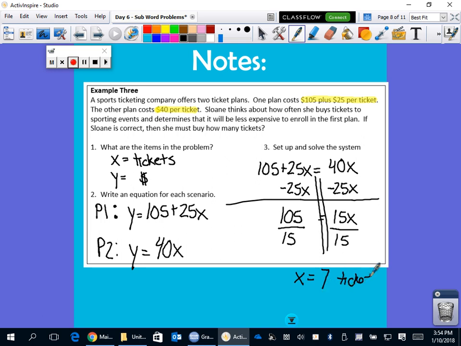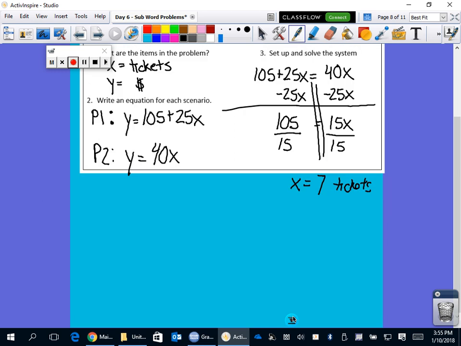Tickets. Now let's make sure we actually answer the question here. She thinks that the first plan will be the less expensive. If Sloan is correct, then she must buy how many tickets? Well, 7 tickets is when it's the same.